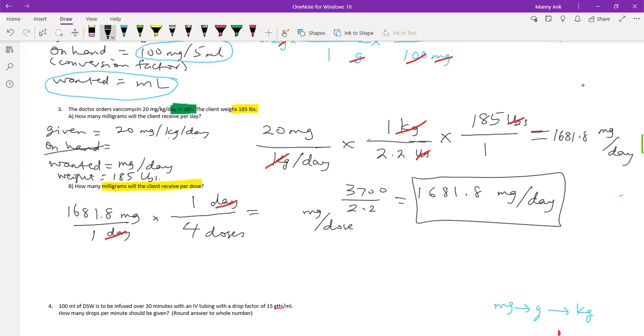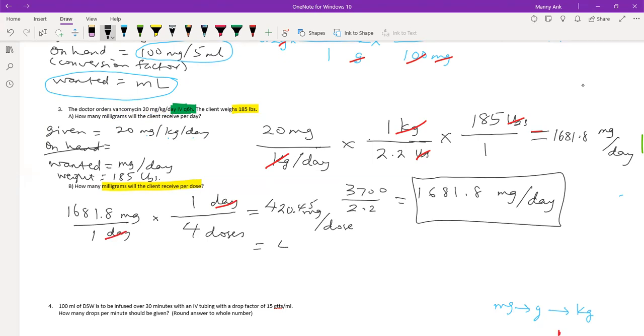So if you work this out, you have 1681.8 times 1, which is 1681.8, and then you're dividing this by 4 times 1, which is 4. So the patient is going to receive 420.45 milligrams per dose.